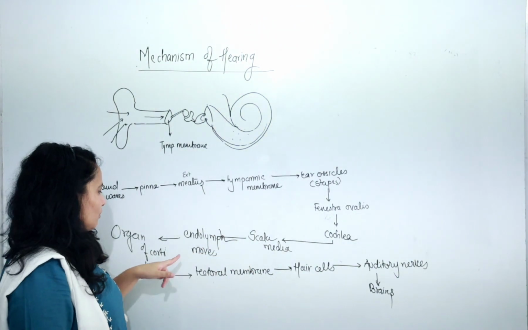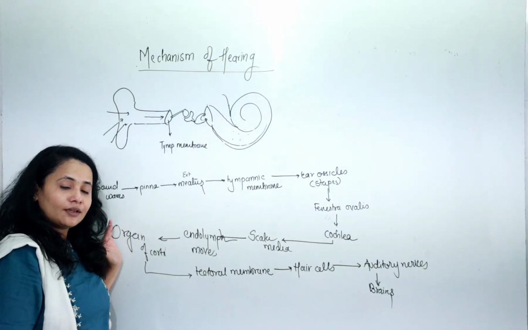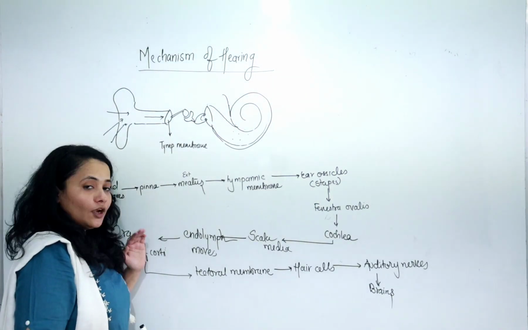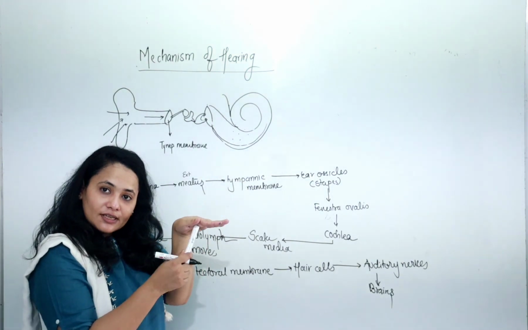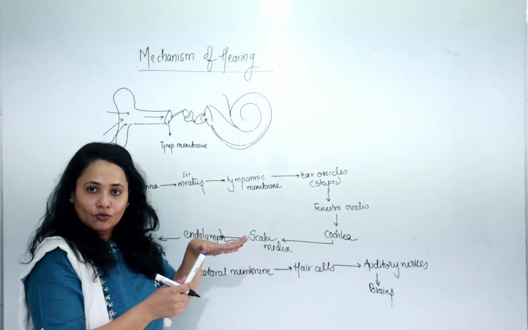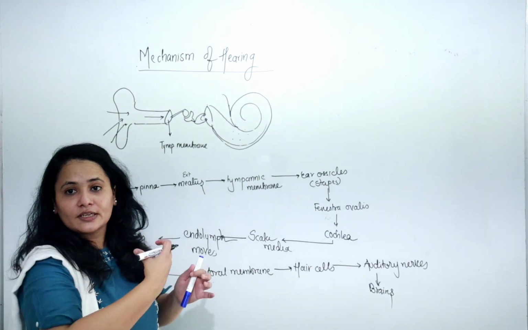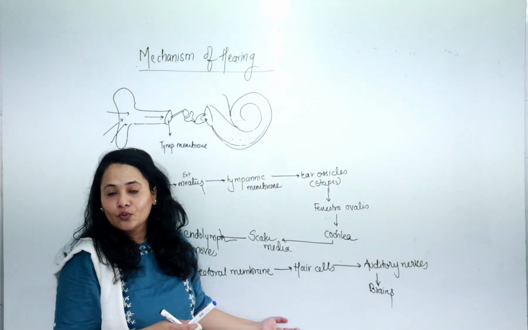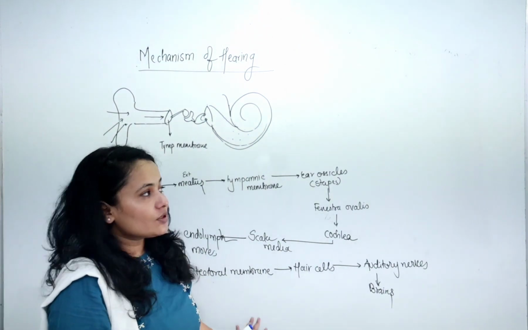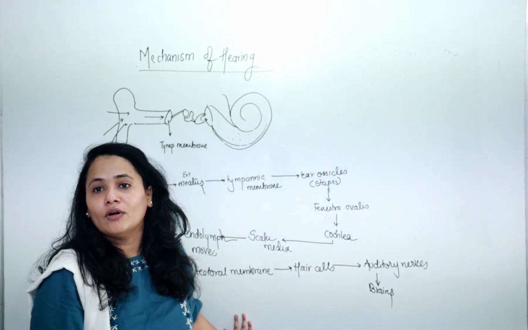This endolymph will create vibrations in the organ of Corti. Particularly the tectorial membrane will move, inside which the hair cells are connected, so hair cells will move. And we have also seen that the hair cells are connected with the auditory nerves, which will carry the impulse to the brain where the sound is analyzed. So this is all about the mechanism of hearing.